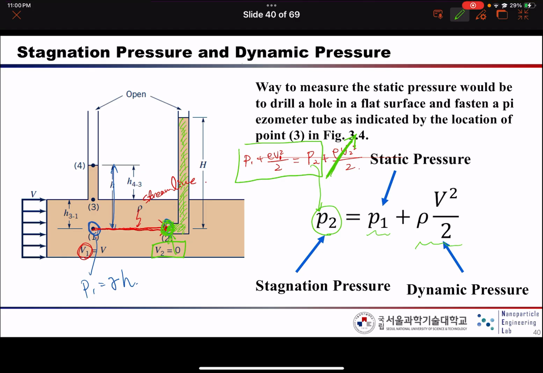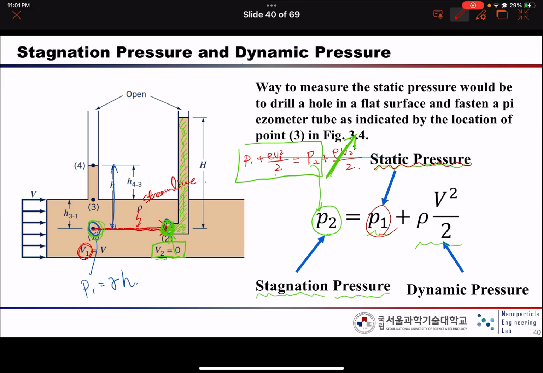Here the velocity is 0, so at this point we call it the stagnation pressure. And P1, we learned on the first page, is the static pressure, right?